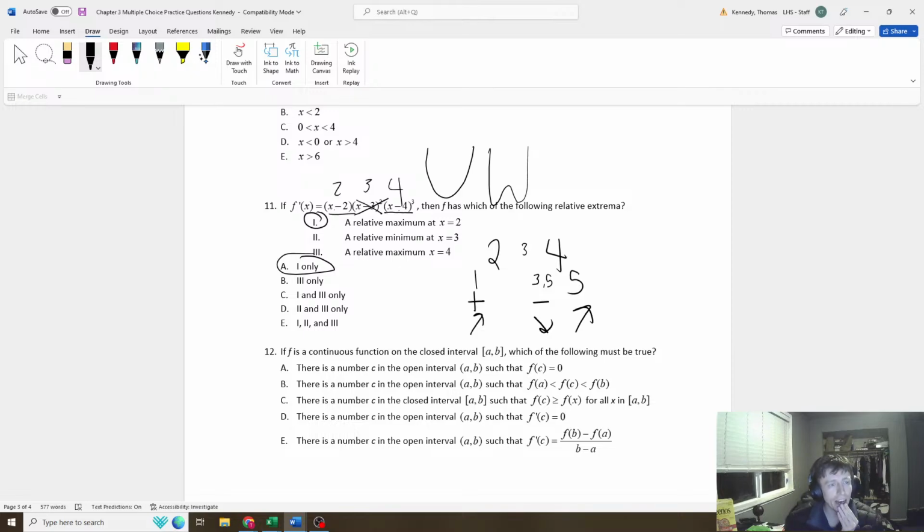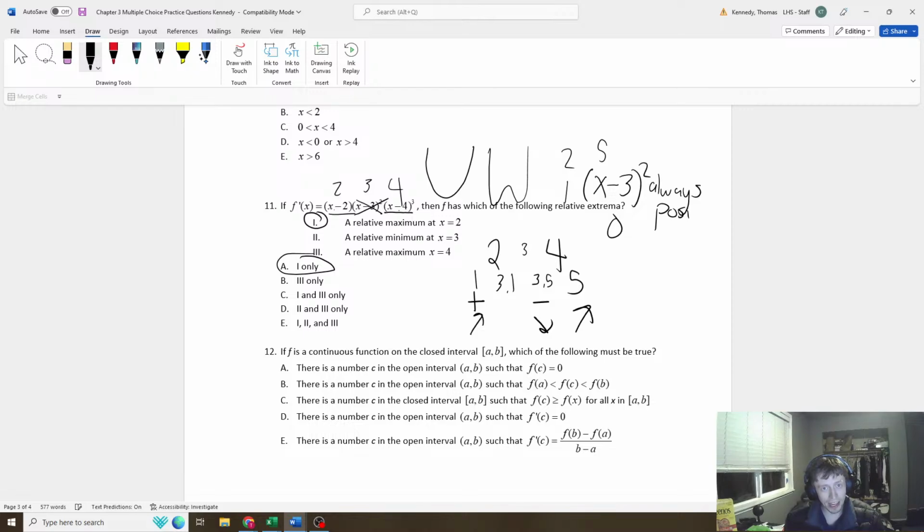How can you take 3 out? Even roots don't really impact sign. So if I look at x minus 3 squared, no matter what I plug in for x, 5, 2, 1, 0, it's always positive.